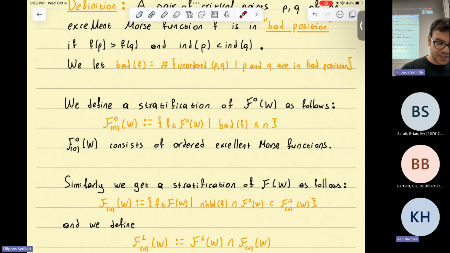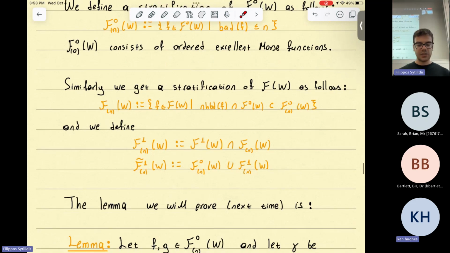So for example, F0 of W is exactly all the excellent Morse functions. Similarly, I could get a stratification of F of W. It's a different stratification from the one we've been talking about in the rest of the course, and it's a stratification via these F sub n of W. These are all functions such that if I take a neighborhood of them and intersect it with the space of excellent Morse functions, that's going to lie in F0 sub n.